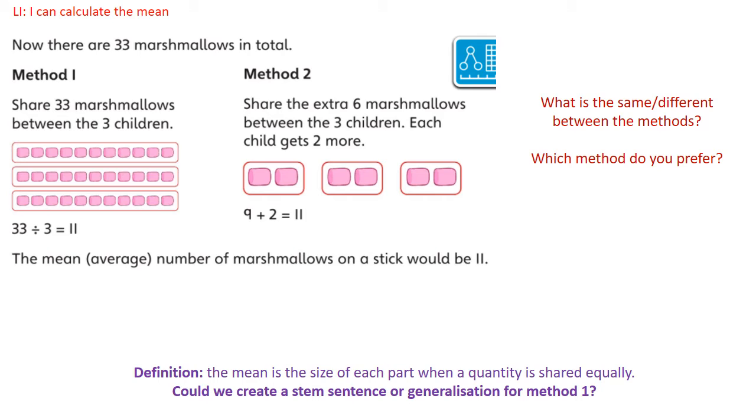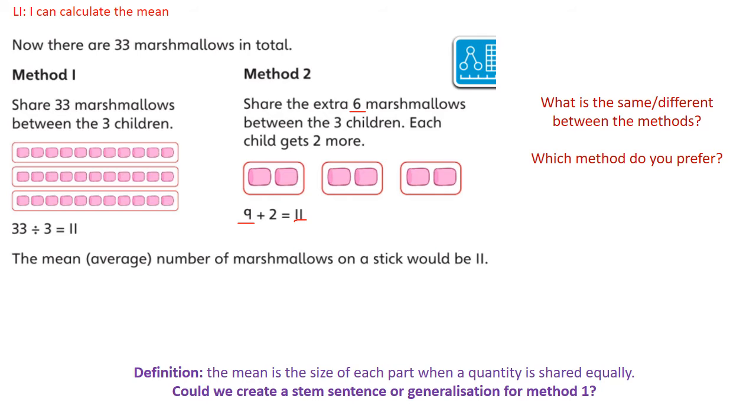We know there are 3 children and we found 6 extra marshmallows. So we can share those 6 out equally between the 3 children. So we know that they all get 2 extra. We'd already worked out that the average number was 9. The mean was 9. So 9 plus 2 is going to give us 11.